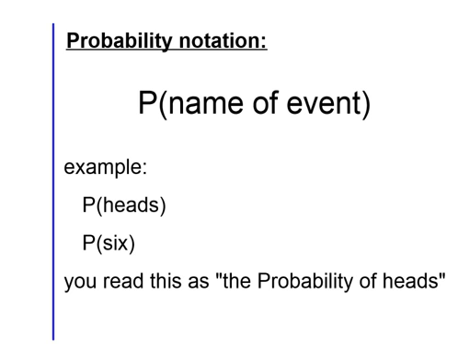Probability notation is a standard way of quickly writing down the probability of things. We write this with a capital P and then parentheses. Inside the parentheses is what the thing is we're looking to count up. For example, P(heads) would be for flipping a coin: what is the probability of getting a heads when you're flipping a coin?